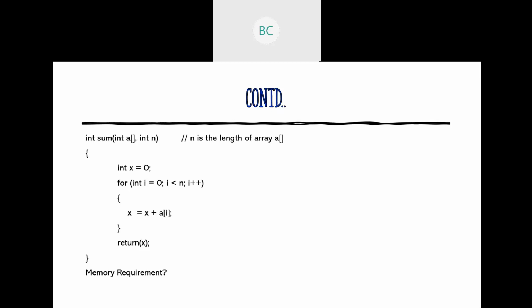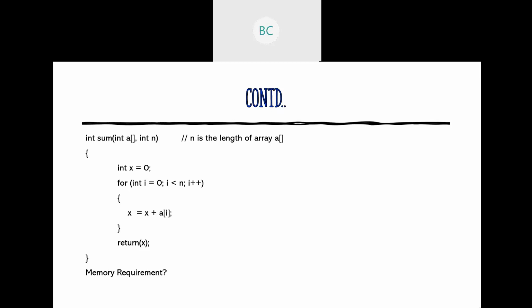So memory required by your int array will be 4n bytes. 4 into n. So depending on the size of the array, you can calculate. Here I haven't mentioned it. How 4? Because your array is of type int. Integer takes 4 bytes.